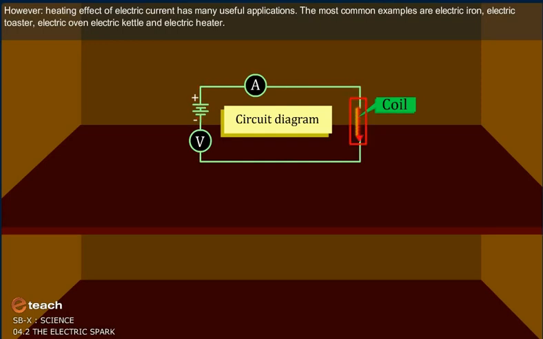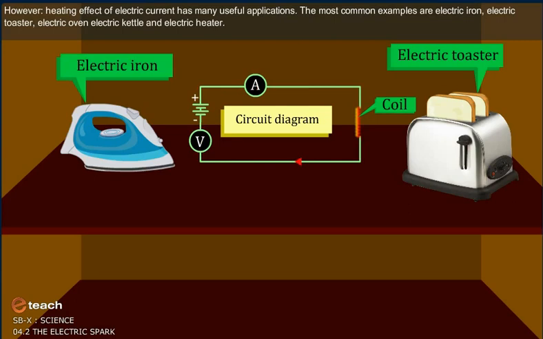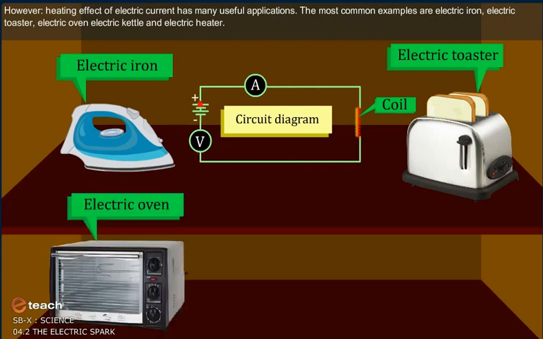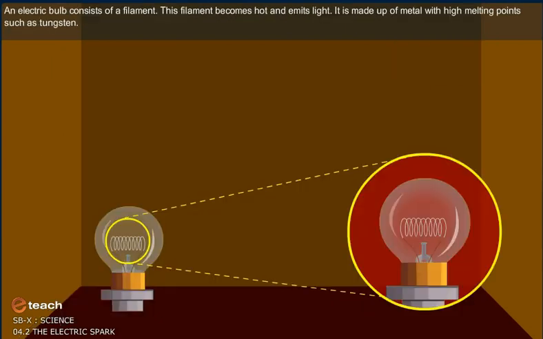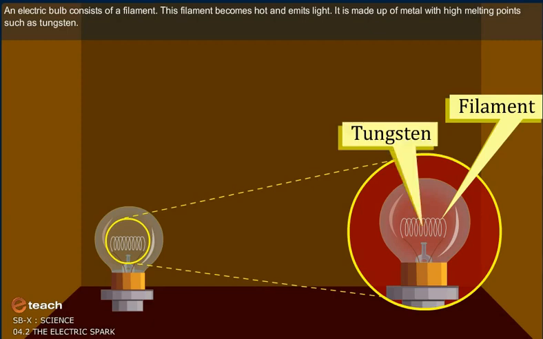The most common examples are electric iron, electric toaster, electric oven, electric kettle, and electric heater. An electric bulb consists of a filament. This filament becomes hot and emits light. It is made up of metal with high melting points such as tungsten.